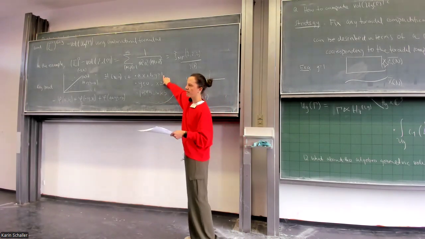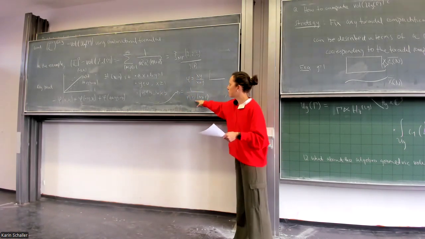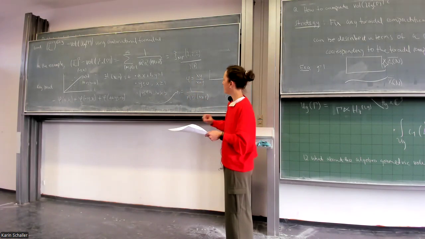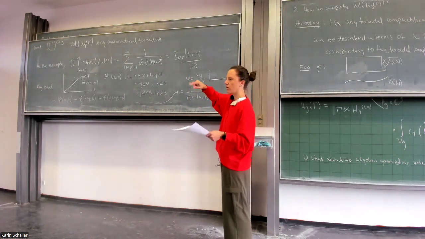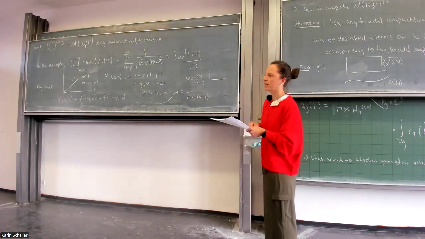These are related by this formula. And why is it squared in the formula? Because you're taking intersection numbers in a two-dimensional expression.